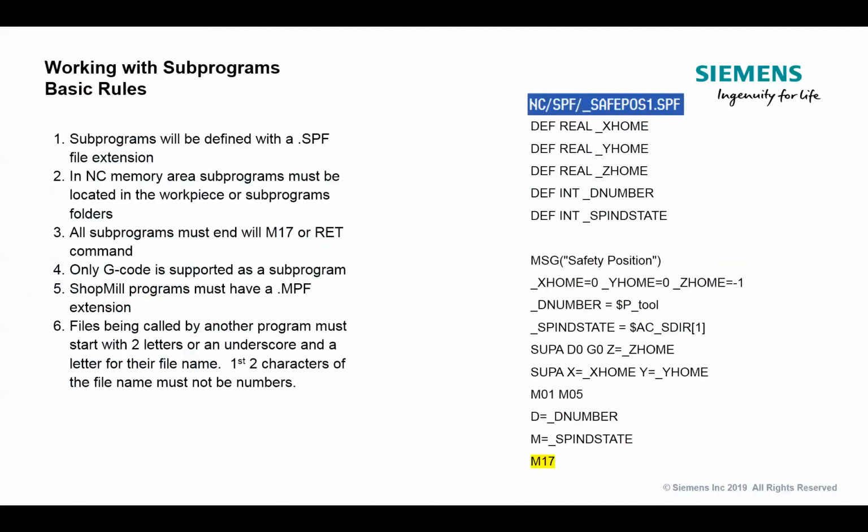If you're used to the SINUMERIK system, you know when you go to the NC memory area, you have a part program folder, subprogram folder, and a workpiece folder. So any true subprograms with a .spf extension must reside either in the subprograms folder or in the workpiece folder under a subfolder. You can never put them in the part programs folder because there it has to have a .mpf extension, which would be a main program file.